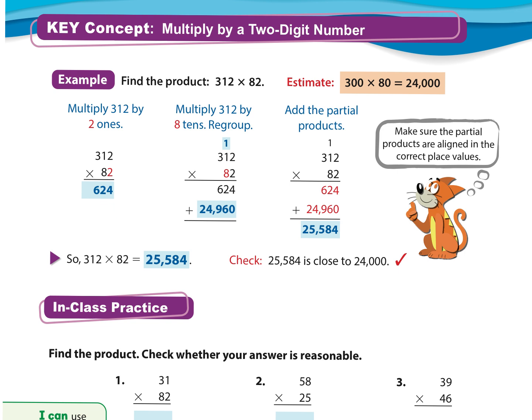To get my second partial product, I'm going to multiply the tens digit. What I like to do is put my 0, the hero, I bring him back, and I put a little slash through this 0 so I know that that's my placeholder 0. If you forget a placeholder 0, and you just start multiplying 8 times 2, and you put your 6 here, are you going to end up with the correct answer?